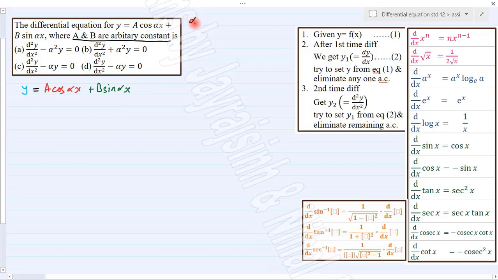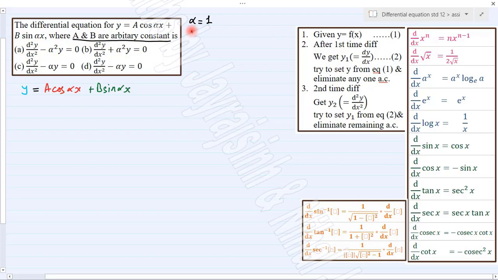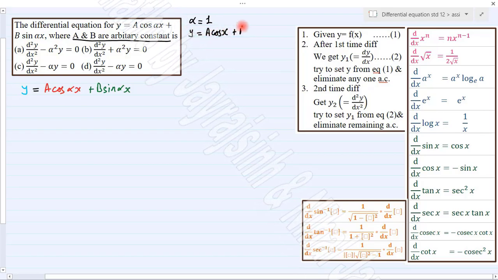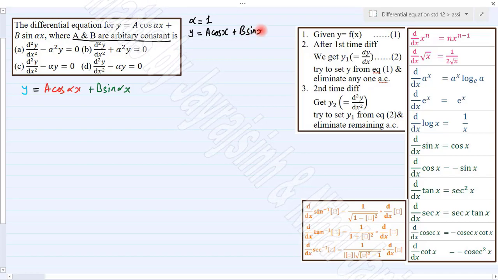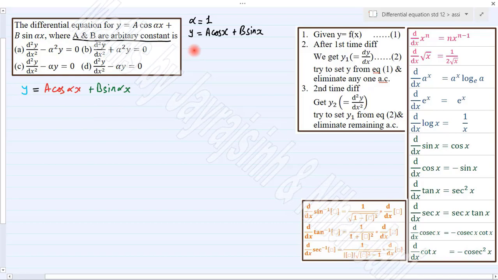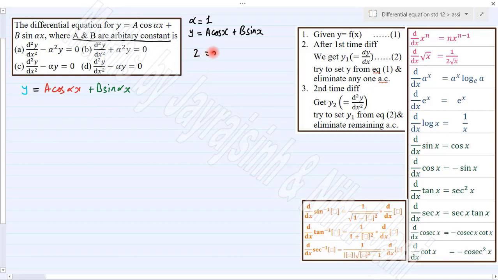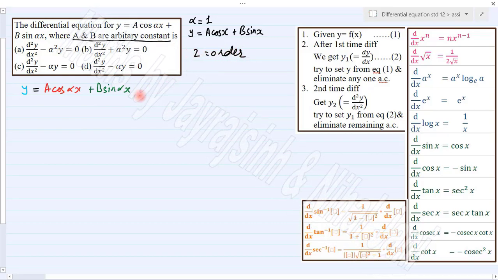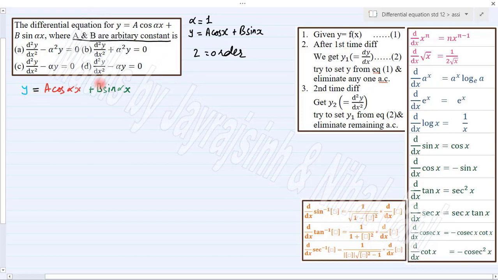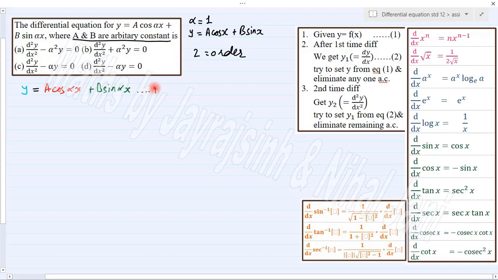Now sometimes they take alpha equal to 1 and our equation will become a cos x plus b sin x. Then we have to follow the same steps. Here the number of arbitrary constants is 2, so we can say the order of the differential equation will also be 2. So we have to differentiate our equation 2 times.